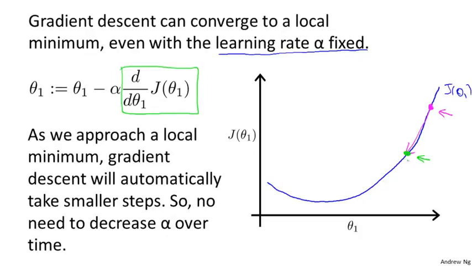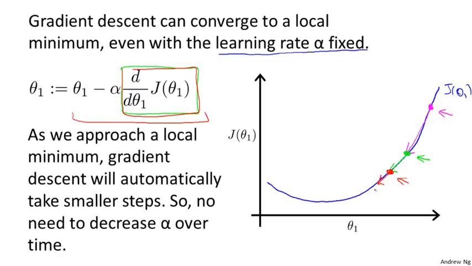So when I take another step of gradient descent, I will naturally take a somewhat smaller step from this green point than I did from the magenta point. Now I'm at a new point, the red point, and now even closer to the global minimum. So the derivative here will be even smaller than it was at the green point. So when I take another step of gradient descent, my derivative term is even smaller, and so the magnitude of the update to theta1 is even smaller.